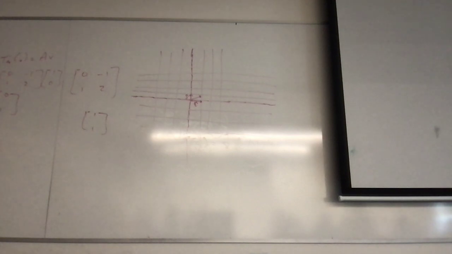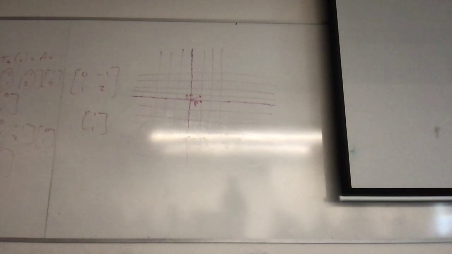Now if we look at T of j hat, it's going to equal our matrix A multiplied by 0, 1. And what do we get there? -1, 2. Yep, -1 and 2. And literally, you can just pull it out, right?